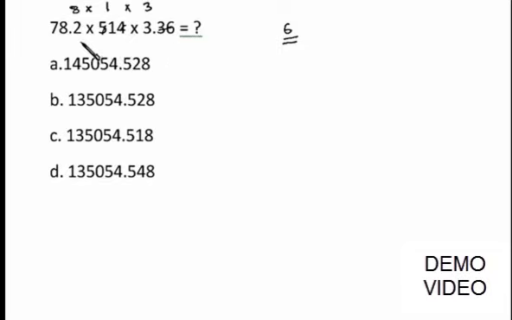So this is a multiple of 2, this is a multiple of 2, this is a multiple of 2. That means your final answer should definitely be a multiple of 8, right? So which of the following options is not a multiple of 8? You can instantly eliminate that, right? Say, for example, we choose 528. What is the divisibility rule of 8? That is, the last 3 digits should be divisible by 8.